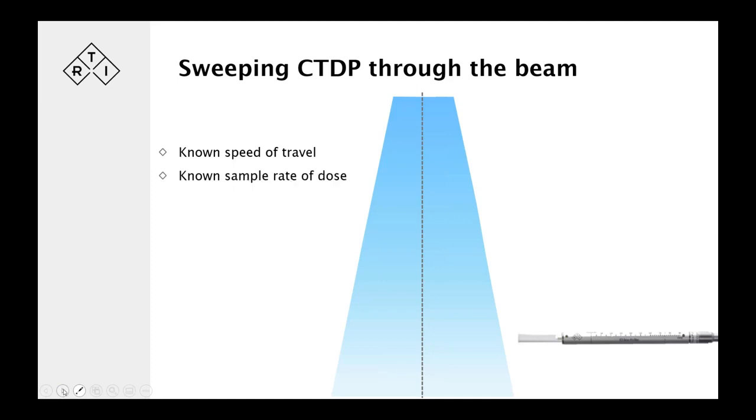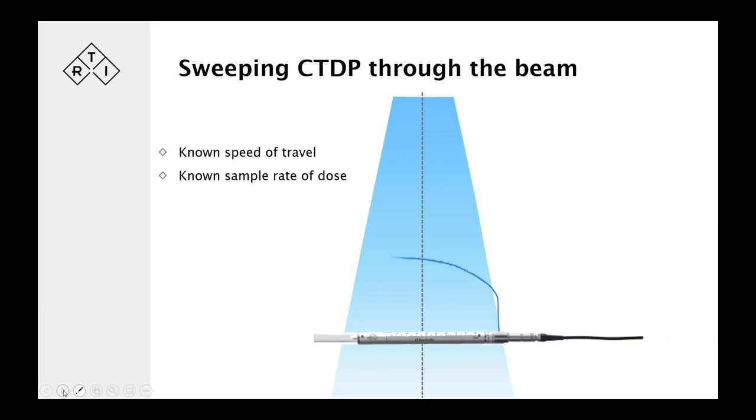for our calculations. Because we know how often we sample the dose, how often we measure the dose, and that's usually at like 2 kilohertz, something like that. And if we have the speed of travel and the sample rate of the dose, we can then recreate the dose profile, and to scale as well. And this is what it would look like.